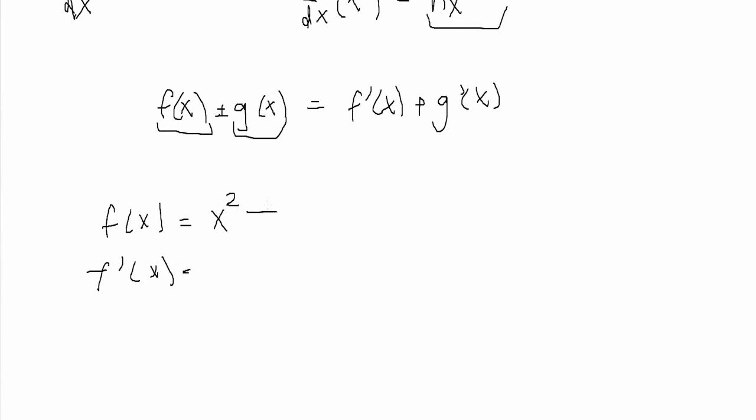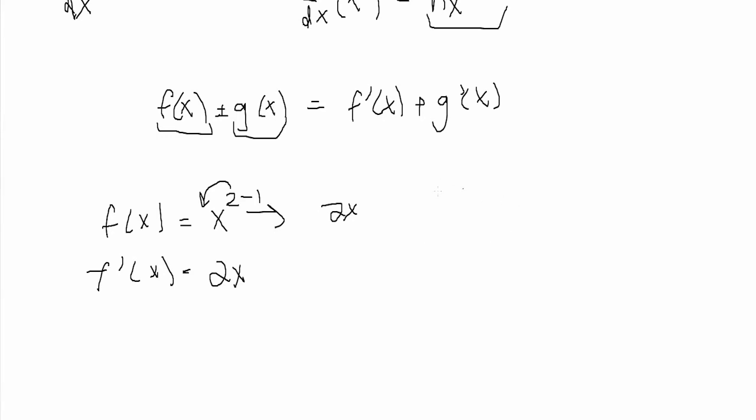And using the same rule, we bring this exponent down, so it becomes 2x, and we decrease this exponent by 1, so it just becomes 2x, because x to the 1 is just x. So 2x is your answer, and that was found quite considerably quicker than using the limit definition.